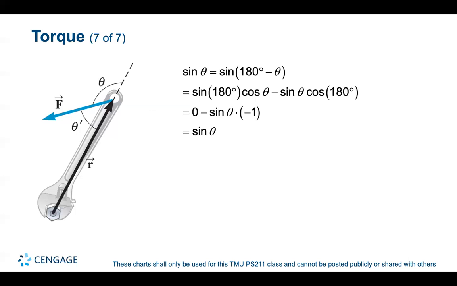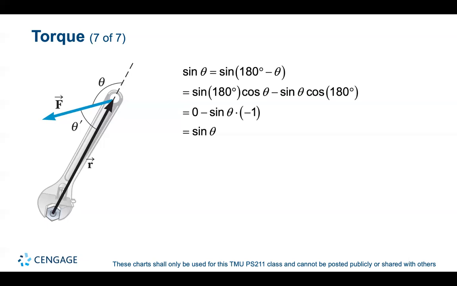Because sine of 180 degrees minus theta equals sine 180 degrees times cosine theta minus sine theta times cosine of 180 degrees, which is equal to 0 minus sine theta times minus 1, which equals sine theta. Either angle is correct. So we're fortunate that the math just comes out in this situation.